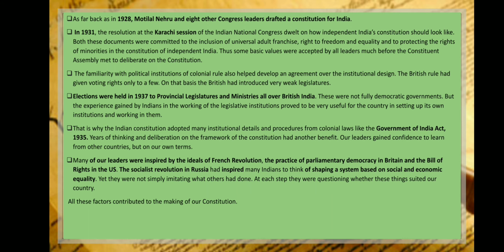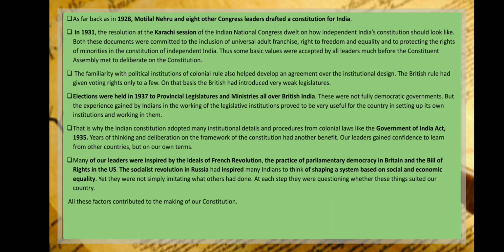The familiarity with political institutions of colonial rule also helped develop an agreement over the institutional design. The British rule had given voting rights only to a few. On that basis, the British had introduced very weak legislatures.